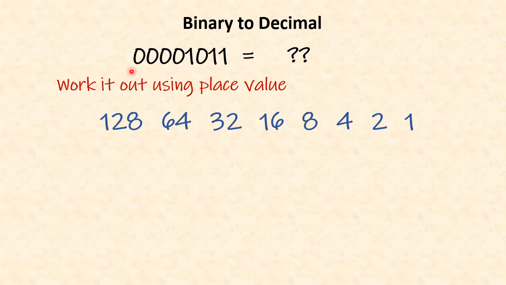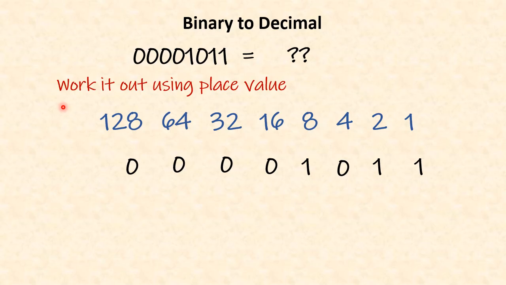Now we're going to take this number up here, and we're going to transfer it underneath those. So we're going to go 0, 0, 0, 0, 1, 0, 1, 1.